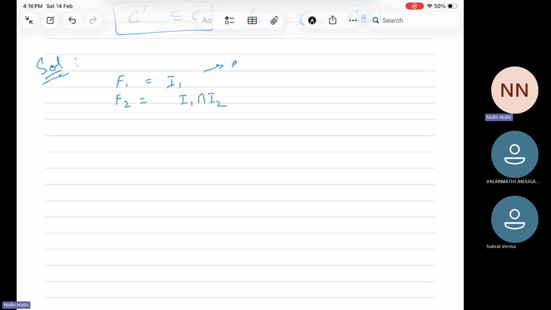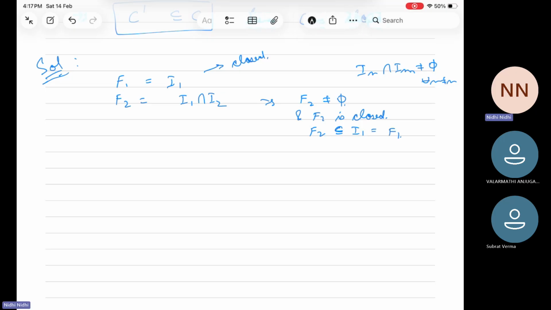Clearly F1 is closed. Now F2 is an intersection of two closed sets. We know that I1 intersection I2 is non-empty because In intersection Im is non-empty for every n not equal to m, so F2 is non-empty. And since it is an intersection of two closed sets, F2 will be closed.